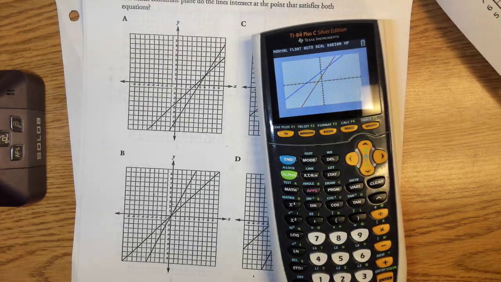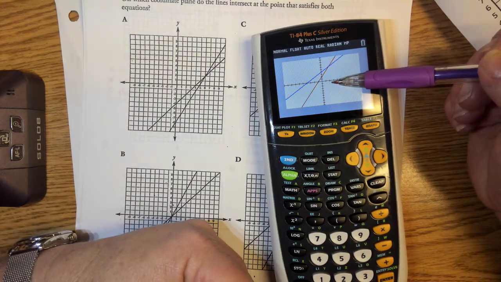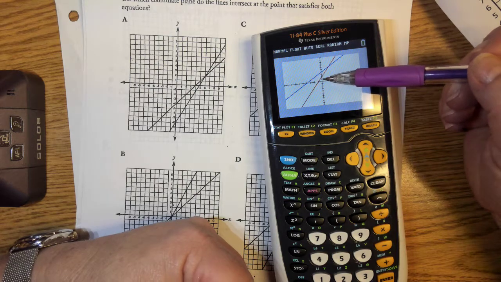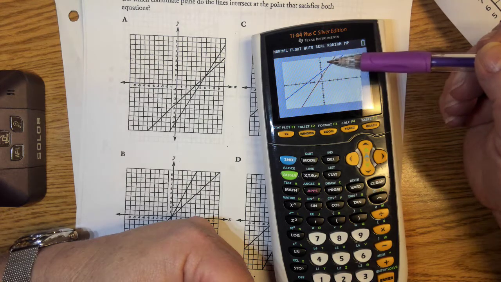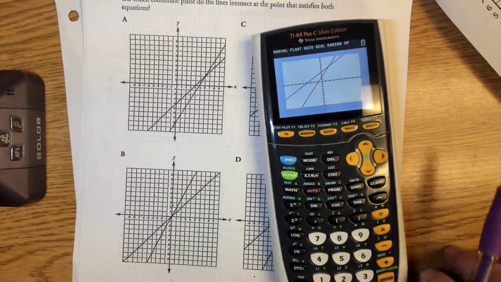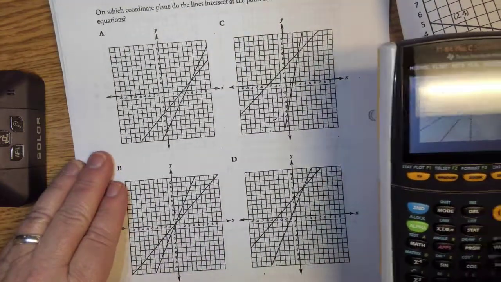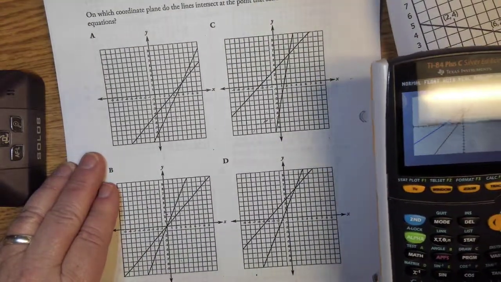Now, I could sit here and do this because I'm a little more sophisticated than y'all. I could pretty much go down and say, okay, that's my x is 2. 1, 2, 3, 4, 5, 6. So it's at 2, 6. But what else I could do, because there's a couple of these that look pretty close to me.